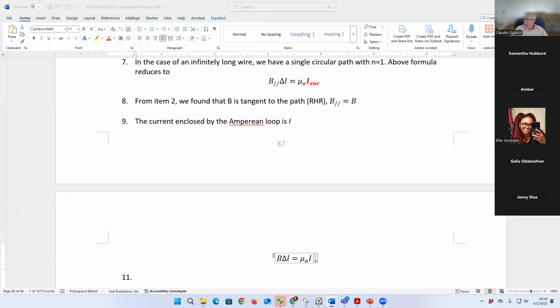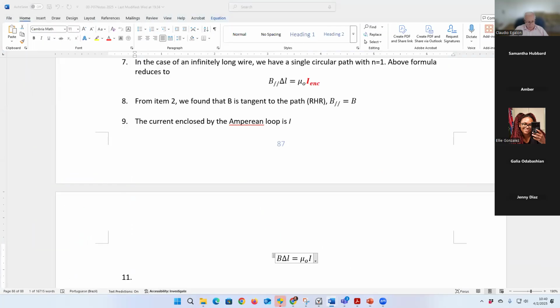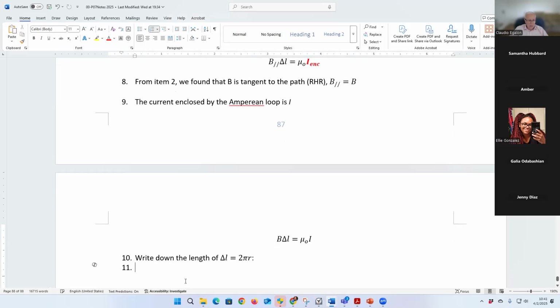Just remember that the full path around this loop is going to be given by the circumference of this loop, which is 2 pi r, right? So here you go. Delta L is going to be 2 pi r.